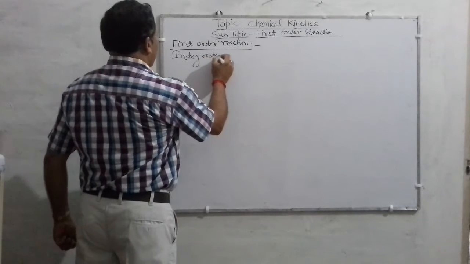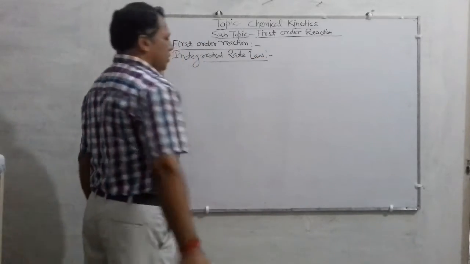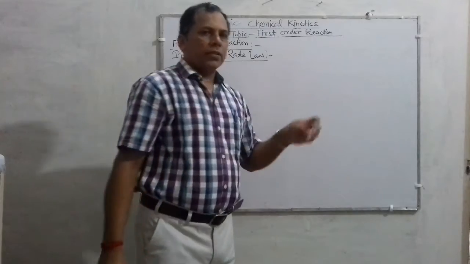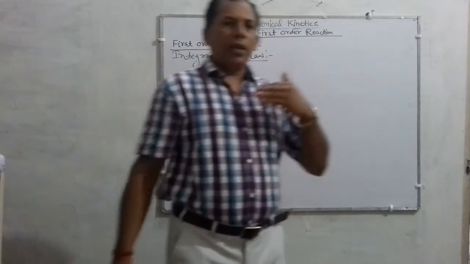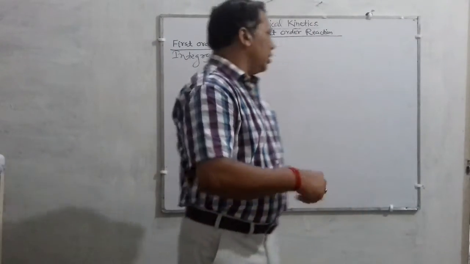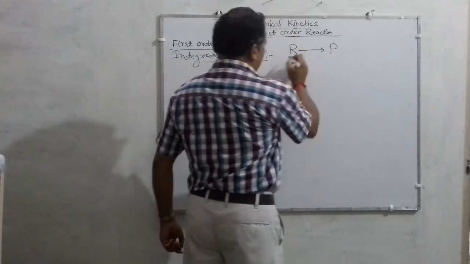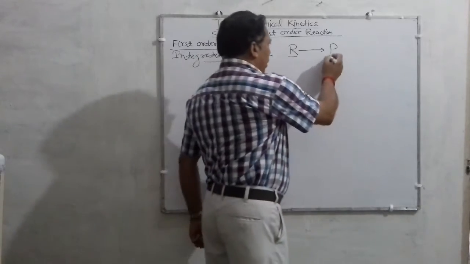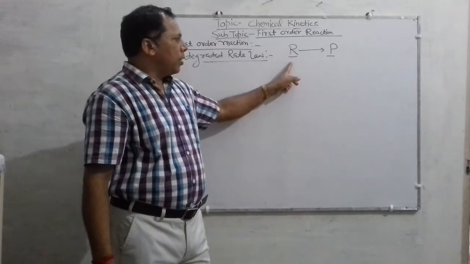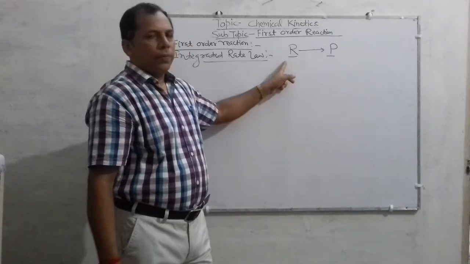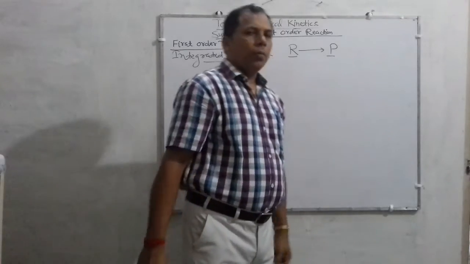On the basis of the definition of first order, children, let us consider a hypothetical reaction. Suppose it is of first order, in which a reactant R gets converted into product.